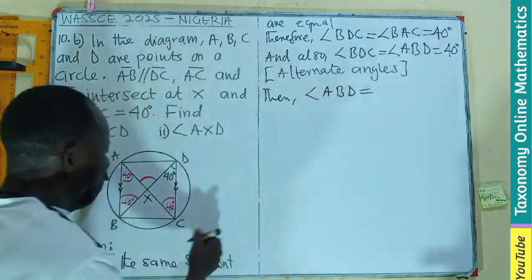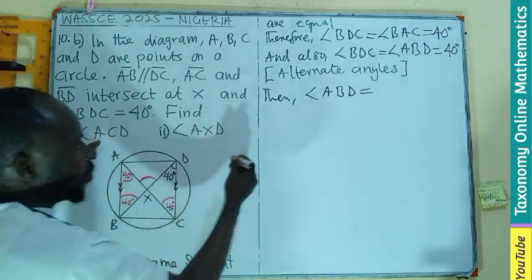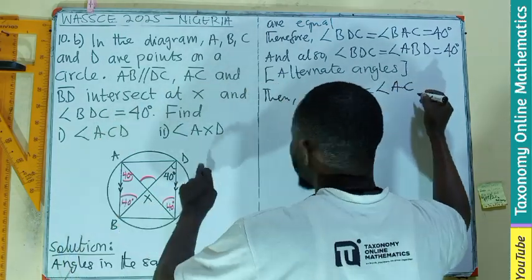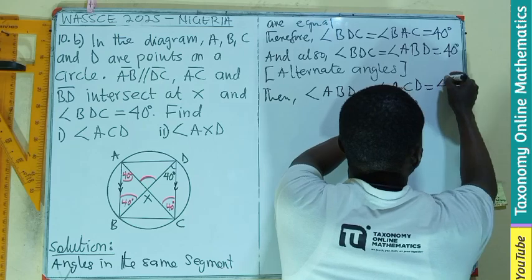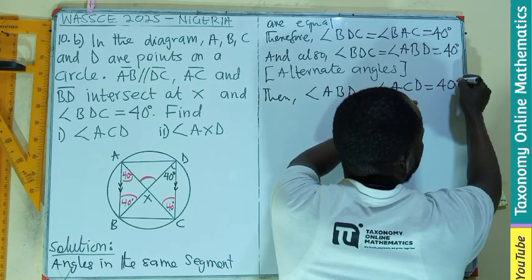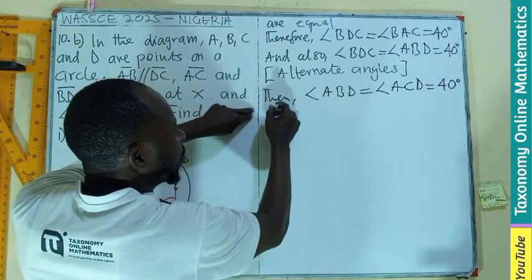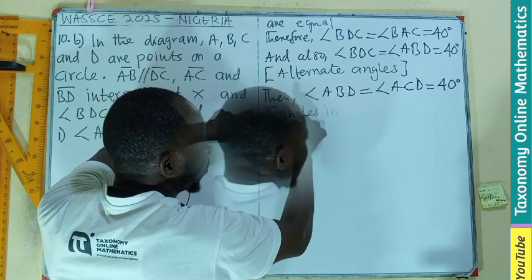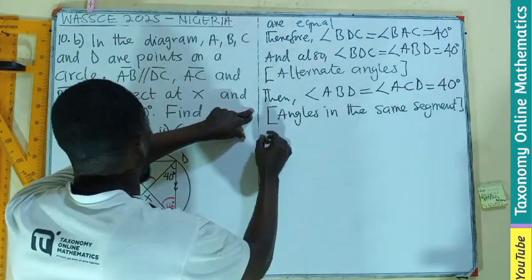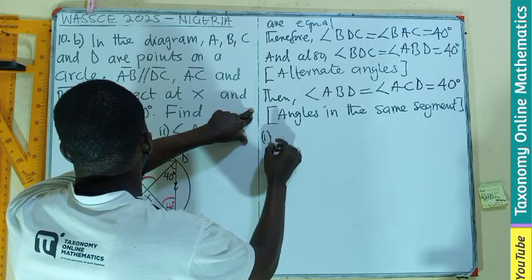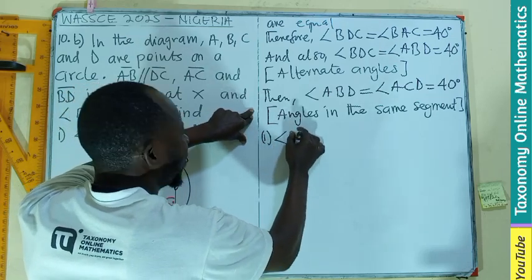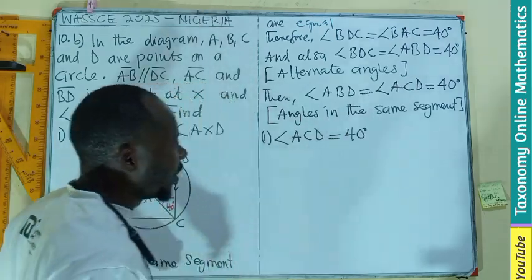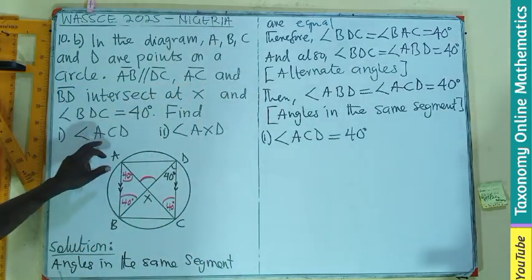ABD equals to the third angle I am asked to find, ACD, which is also going to be 40 degrees. So the property is also angles in the same segment. So I can go ahead and say question 1, which is angle ACD, will be equal to 40 degrees. That's the first part of the question.